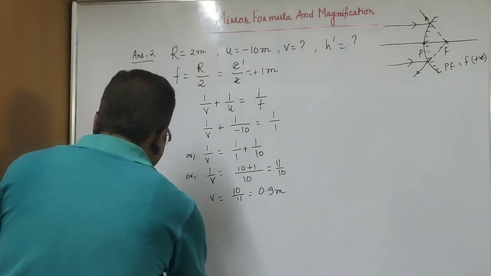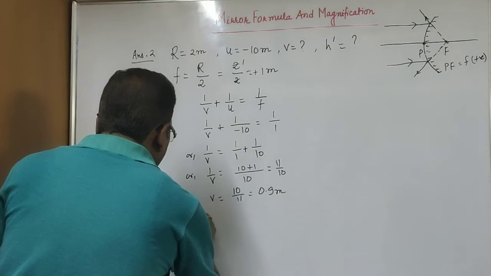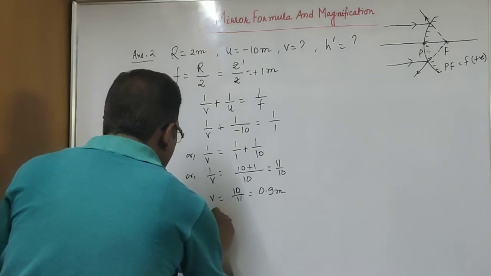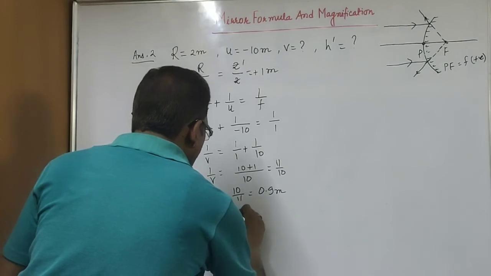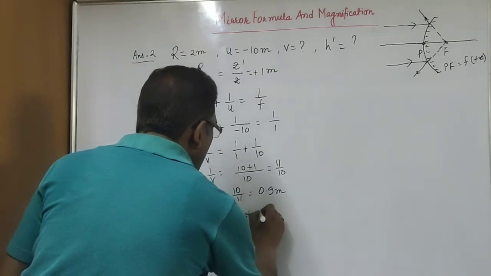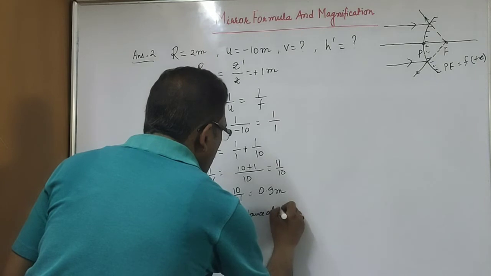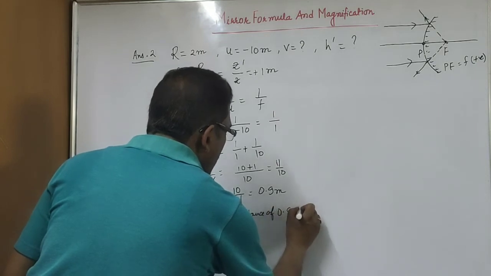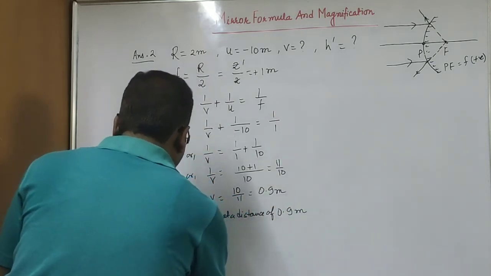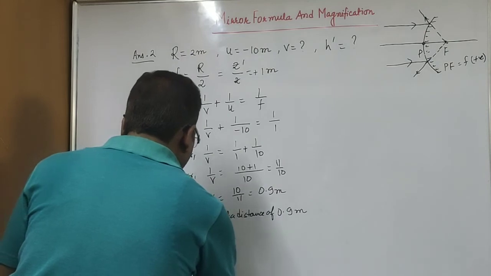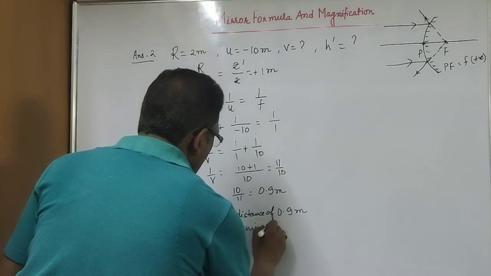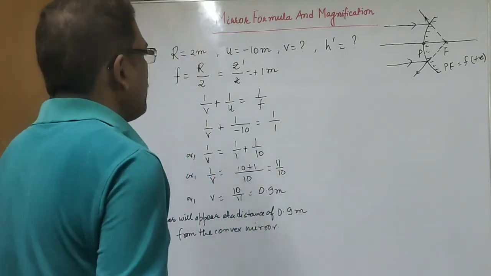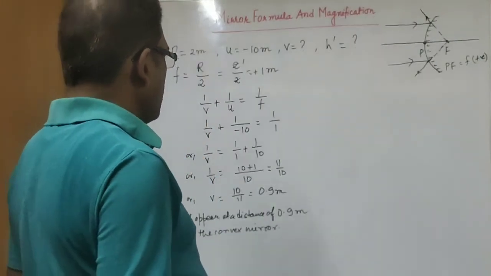Hence, car will appear at a distance of 0.9 meter from the convex mirror. Now another thing that we have to calculate is h dash.